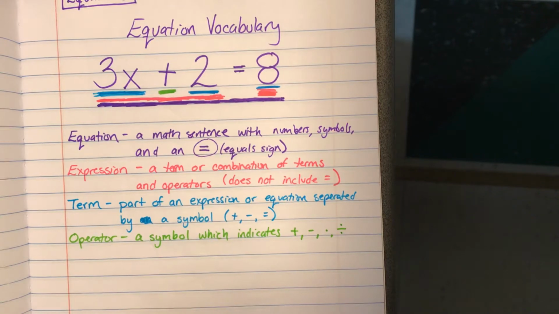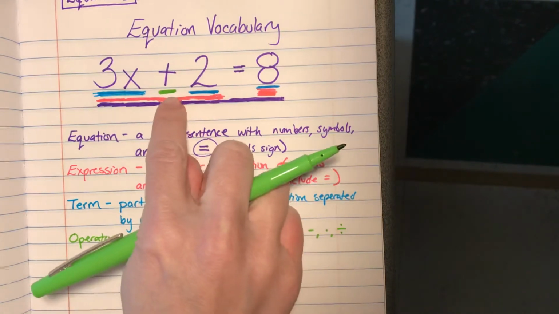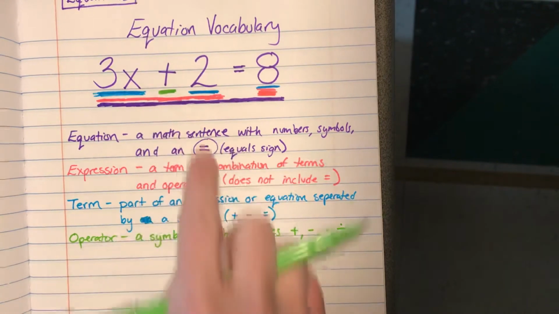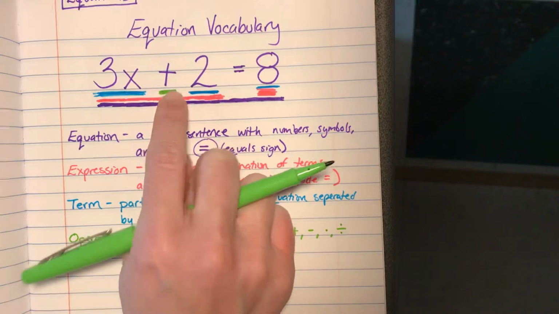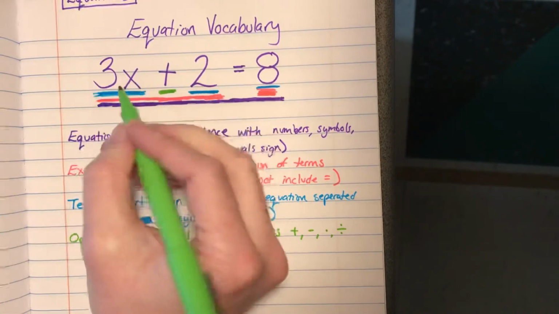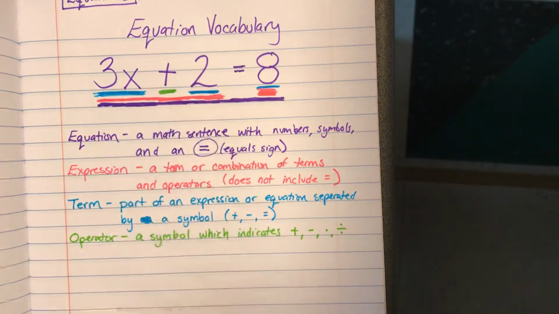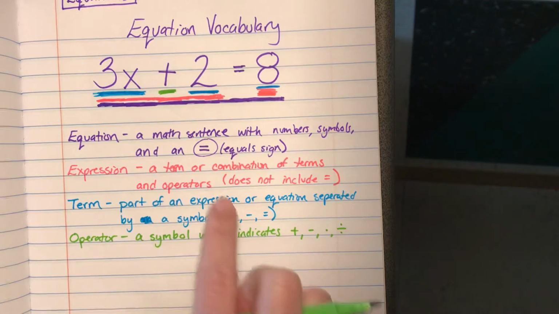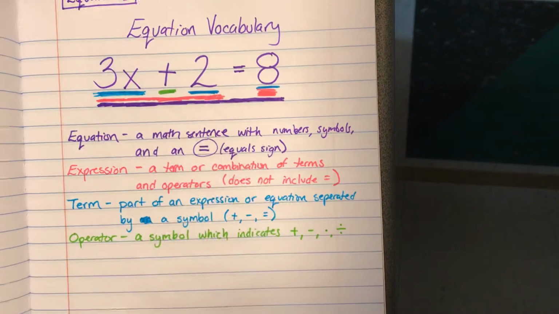Those would be what we would call operators. They tell us what kind of math to actually do. So notice in this case, we actually only have the plus sign as our operator. There is multiplication here because the 3 and the x are right next to each other, but we don't actually see a symbol, so we can't talk about it as an operator. So our only operator here is going to be the plus sign in green.